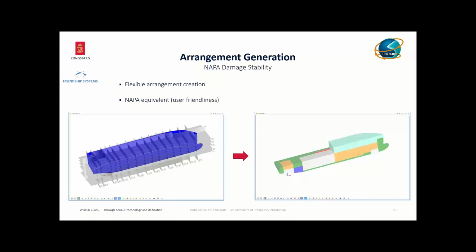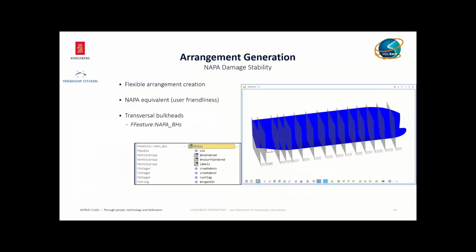So we try to recreate the arrangement in CAESES and make it talk with NAPA, generating as many as we need, as many as we want to investigate. So we start creating the bulkheads, and these are aft collision bulkhead, fore collision bulkhead, engine room bulkhead, and so on.